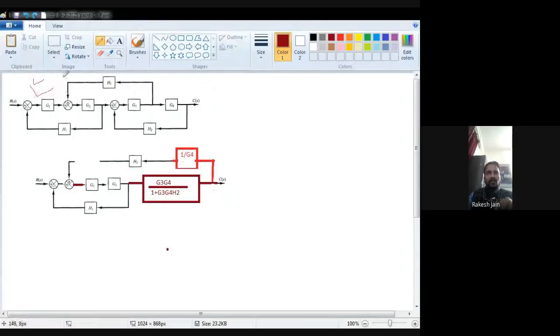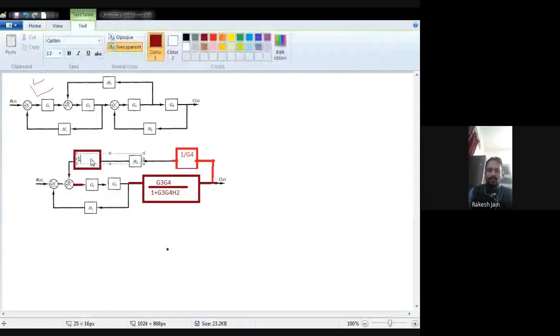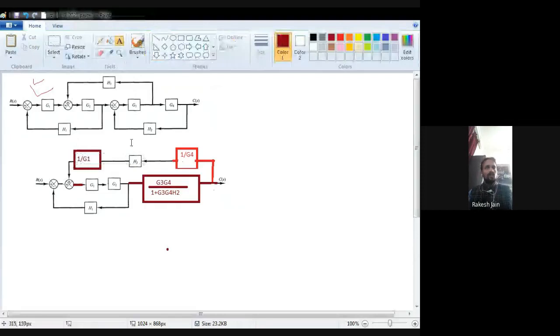So we can easily move this summing junction before a block. What is the rule? Whenever you move a summing junction before a block, at that time the gain of that block comes in reciprocal, means 1 upon. Okay.